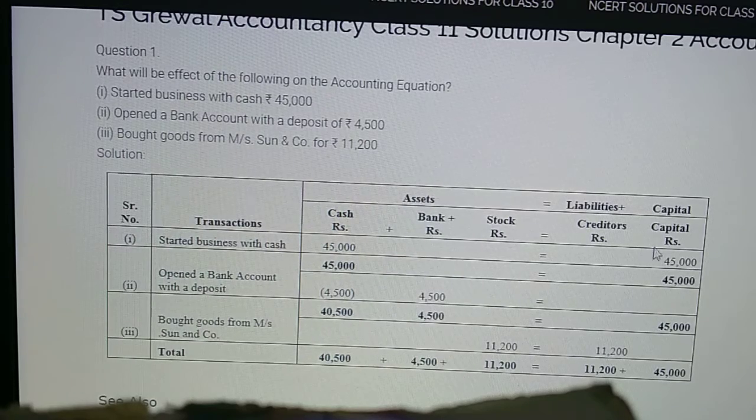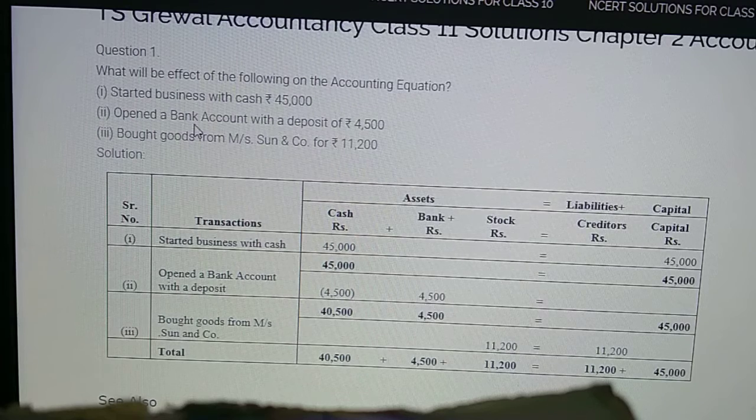So assets is equal to capital. So you do not have any liability. Assets has cash 45,000, similarly capital has 45,000. You can write 0 here also: 0 plus 45,000 is equal to 45,000. So total, if you draw this line, then you have 45,000, 45,000. Done. Okay, now move ahead to the next point.